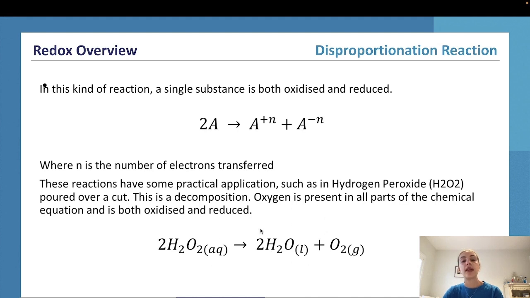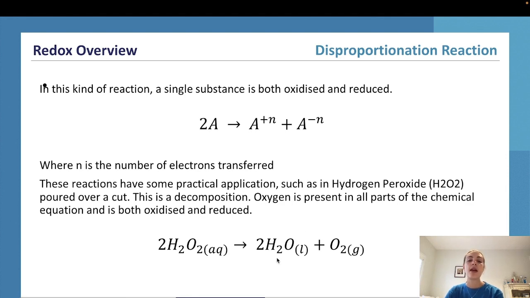Then when we look over here, hydrogen is going to stay the same at +1 because it is a spectator ion. But in water, we know that oxygen has its oxidation number of -2, so -2 plus 2 gives us 0 overall.